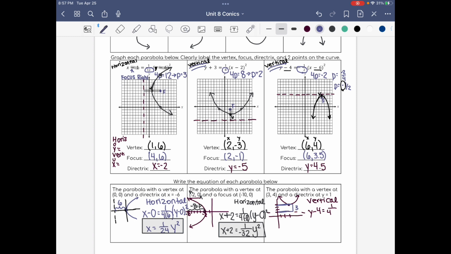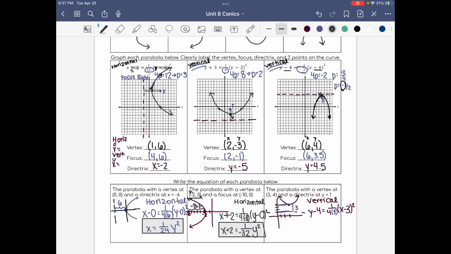So 1, 2, 3. And it is positive since the parabola is opening up. Then the x part is 3, so it'll be x minus 3 squared.